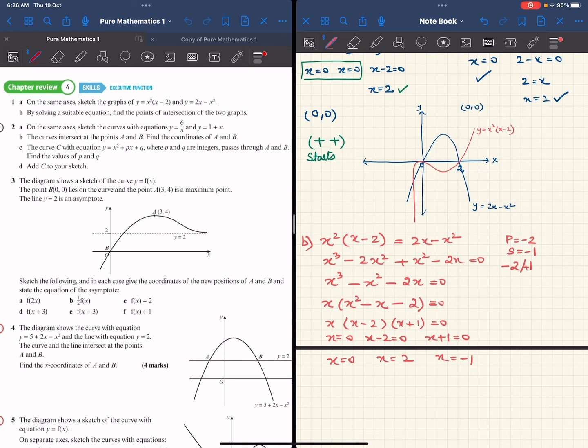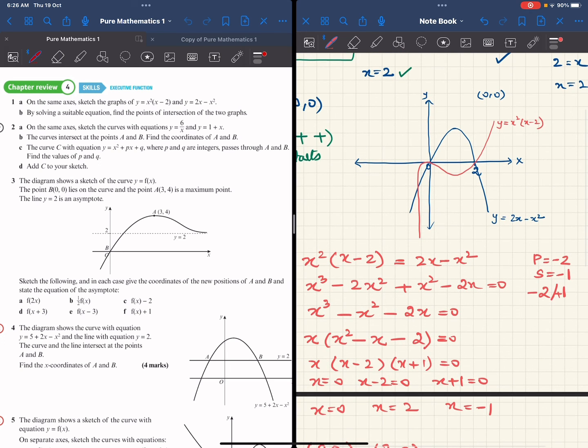So let's write the three coordinates of intersection. One is (0, 0). Second is (2, 0). And the third one, we have the x coordinate of the third point, which is this one. So the x coordinate is negative 1.